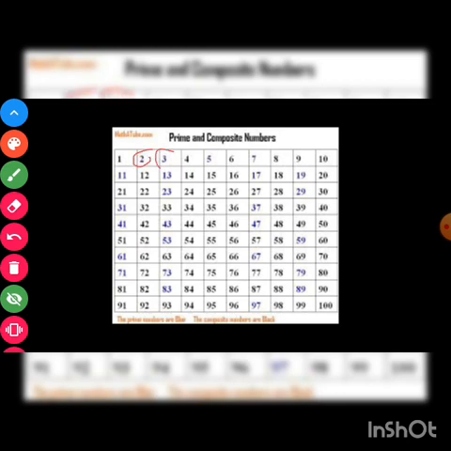Similarly, 3 also has only two factors, so it is a prime number. Similarly, 5 has two factors, 7 has two factors, 11 has two factors, 13 has two factors. So these all are prime numbers.